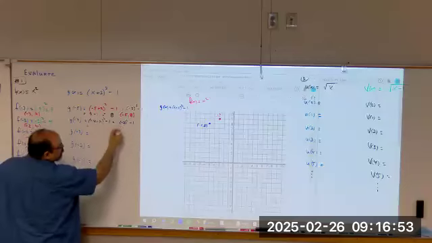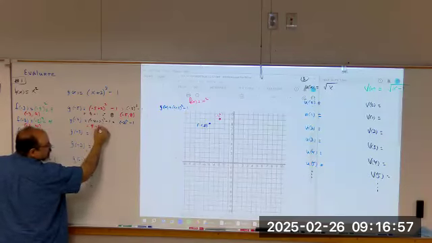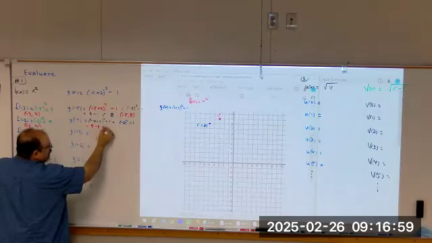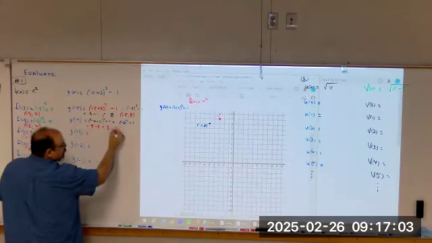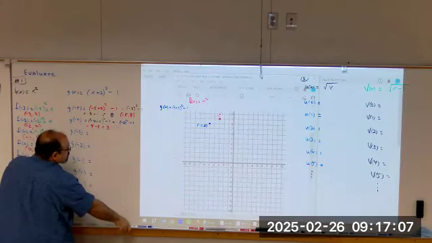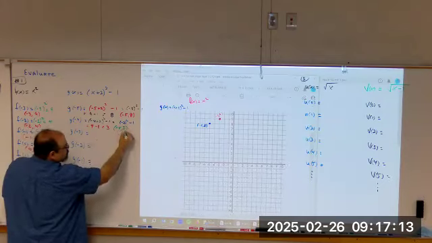So -2 squared is +4. And then we take away 1. And 4 minus 1 gives us 3. So -4 goes in, and +3 came out.